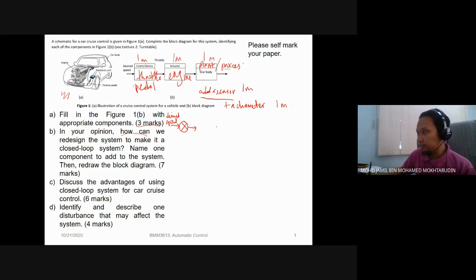And then you redraw all the blocks from figure B. I don't put the names in figure B, but you need to put the components in figure B, okay?